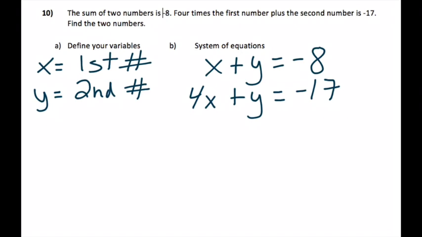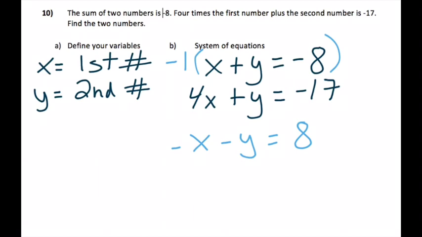We want to solve this using elimination. So think about what you would multiply and by what to eliminate which variable. Okay, I'm going to go ahead and multiply the top by a negative 1. That gives me a negative x minus y equals a positive 8.